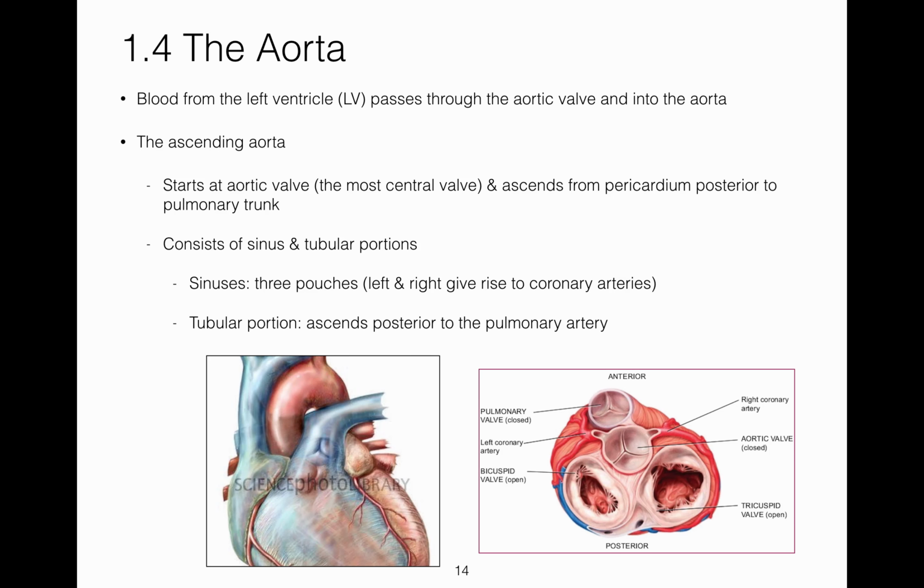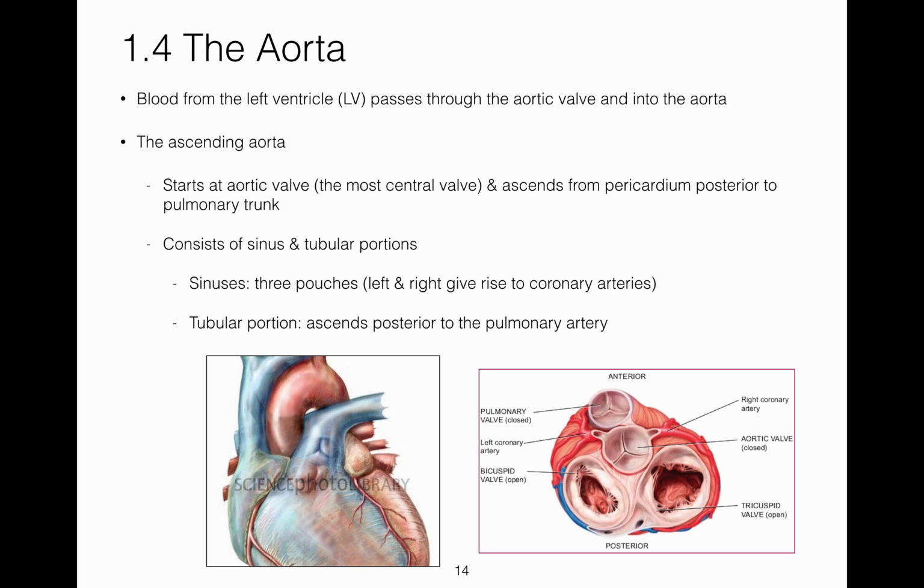The aorta. Blood ejected from the left ventricle passes through the aortic valve and into the aorta. The ascending aorta, the first part of the aorta, starts at the aortic valve, the most central of the heart valves, and ascends from the pericardium posterior to the pulmonary trunk.